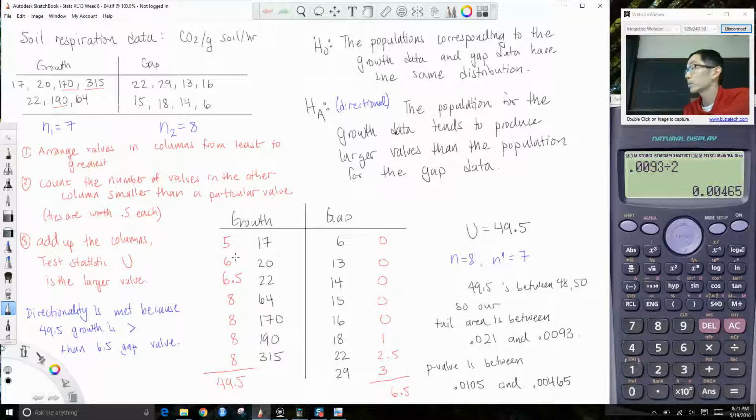Yes. What exactly is growth and gap? This is just an example that the textbook provided. We're going to the forest and measuring soil respiration, and apparently there's a patch in the forest where there was very little growth, and we said there was a gap in the growth there.